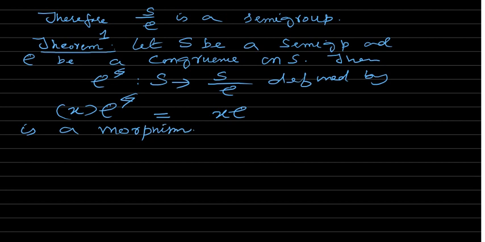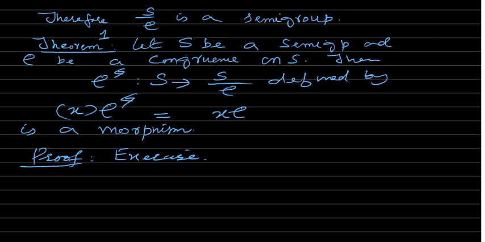The proof of this you can see yourself. Proof is an exercise. And this morphism is called the natural morphism from S to S over ρ.